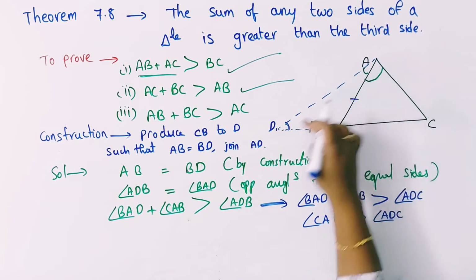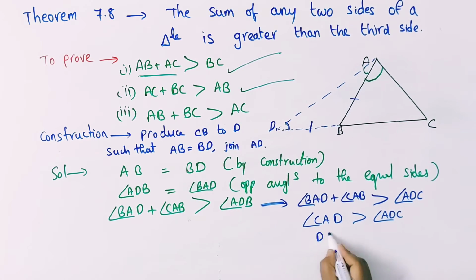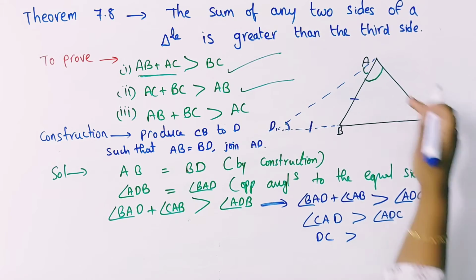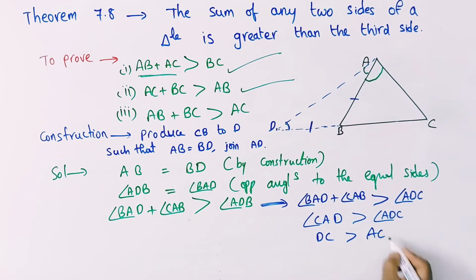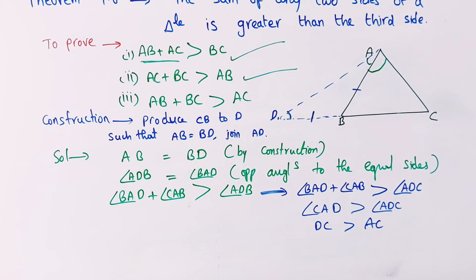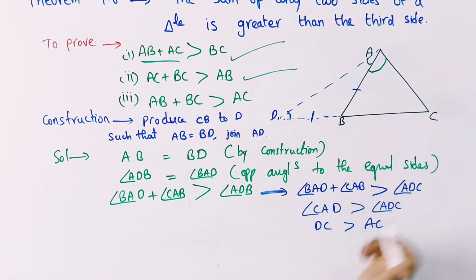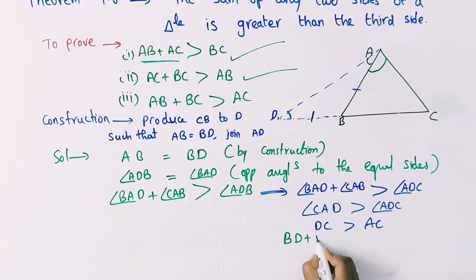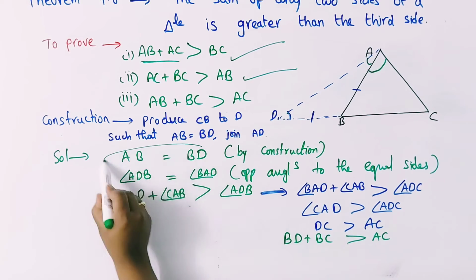The side opposite angle CAD is DC. So DC is greater than AC, the side opposite angle ADC. Here DC is nothing but BD plus BC, children. So in place of DC I am writing BD plus BC is greater than AC. What is BD, children?